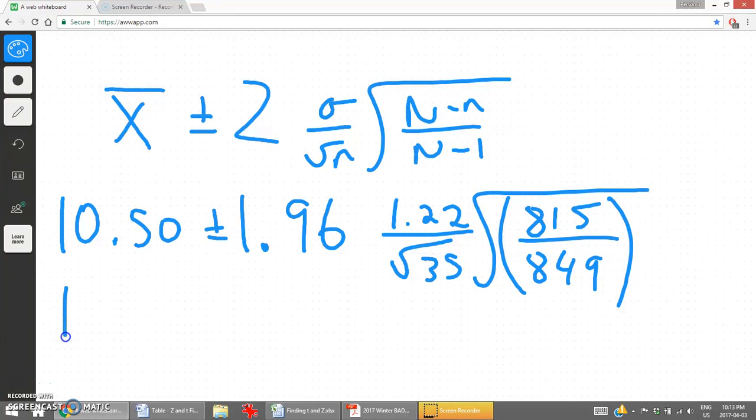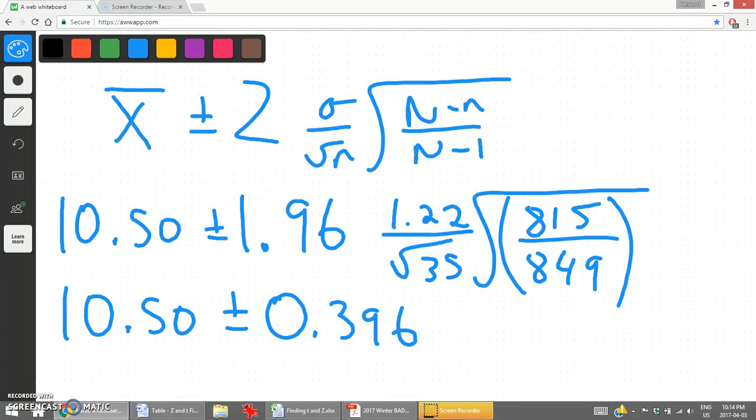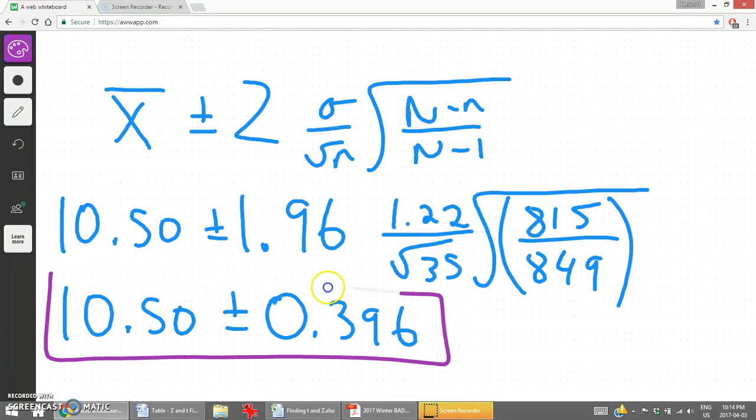So we're going to be left with 10.5 plus or minus, multiplying everything after the plus-minus sign, a value of 0.396. And that is how your confidence interval would be shown for the exam and for most of the questions in your review package.